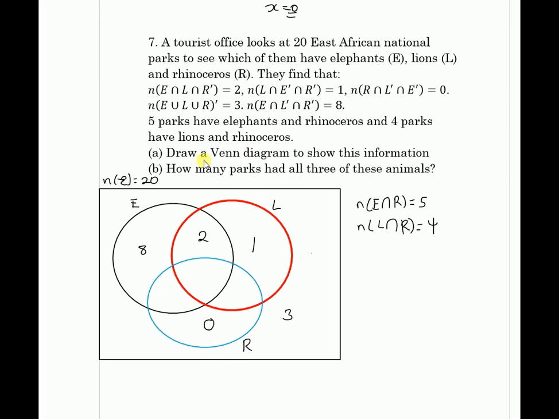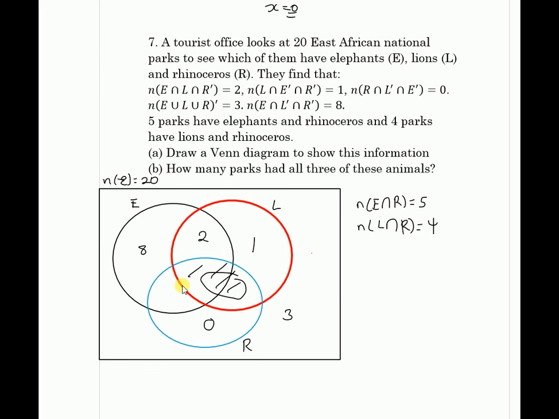And now they said draw a Venn diagram to show this information. How many parks had all 3 of these animals? There are things we don't know, but they said in the intersection of E and R we have 5. So this region here, when I fill it, everything there should be 5. While this region here, L and R, everything there should get us 4.